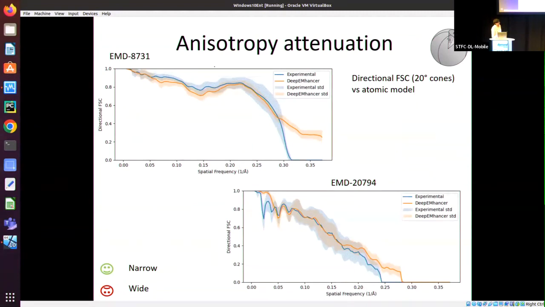So the narrower, the better. And you can see that, for an important range of resolutions, DeepEMhancer tends to exhibit way less anisotropy. So indeed, this visual effect that we can see is supported by those calculations. So we can affirm that, at least in many cases, DeepEMhancer is able to attenuate anisotropy, which is an unexpected result. And it's surprisingly good, let's be honest.